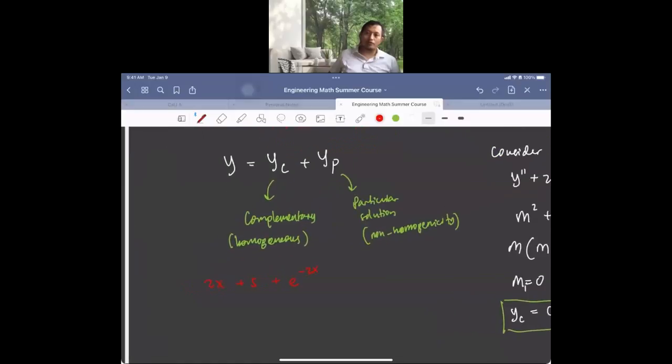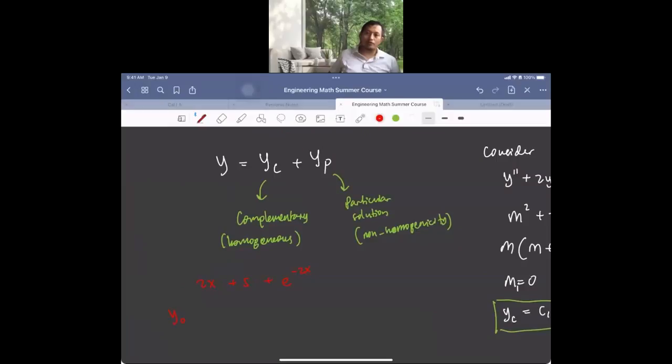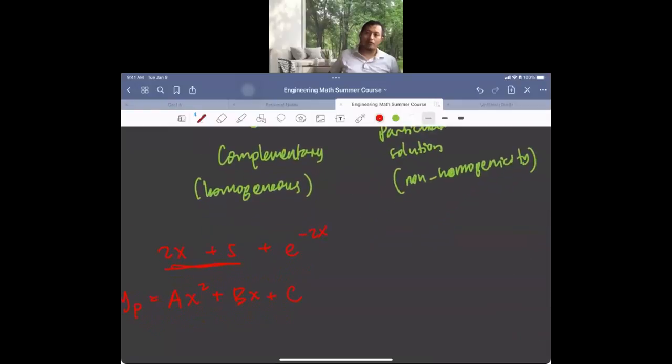If you have this kind of coefficient, since this is a linear equation, we will have a polynomial of degree 2, a quadratic.